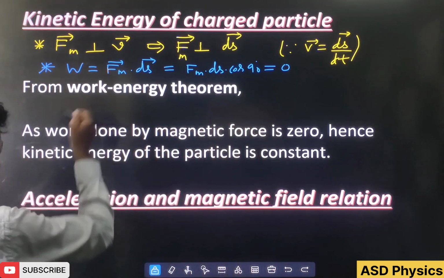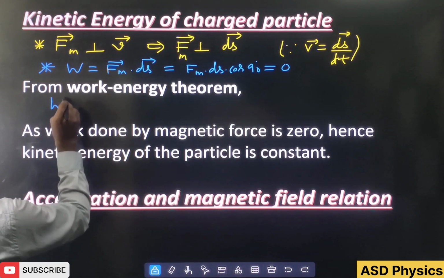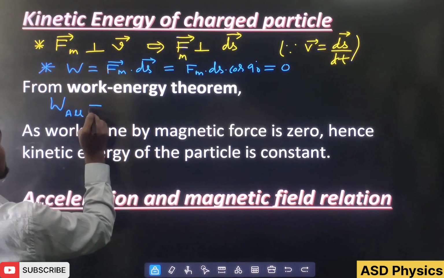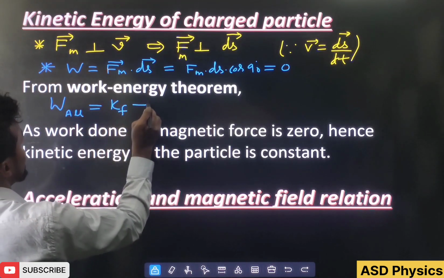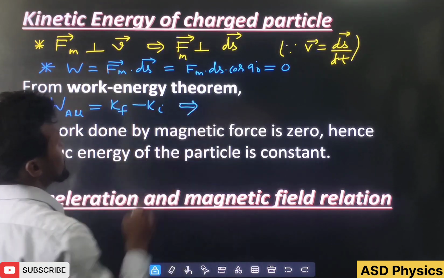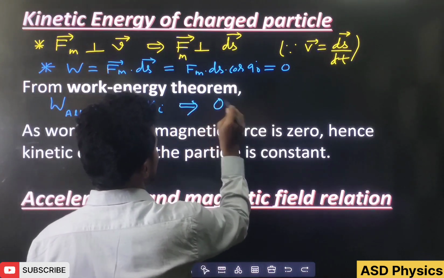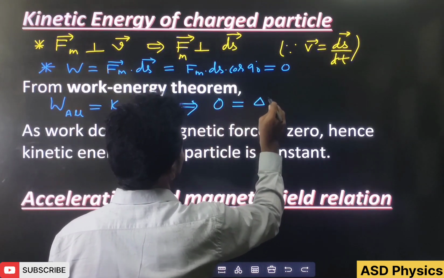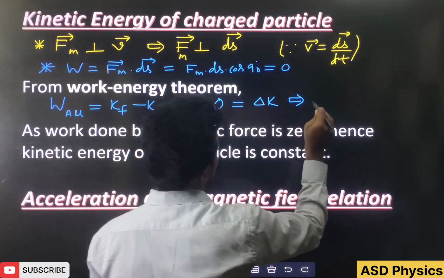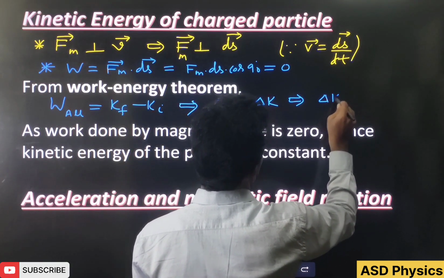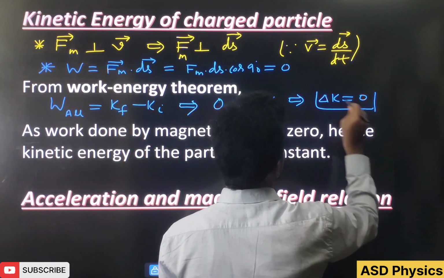Work done by magnetic force will be 0. Okay. So from the work energy theorem we can write that work done by all the forces is equal to change in kinetic energy, Kf minus Ki. So what is the work done? Work done is 0. So 0 equals Kf minus Ki, which we can write as delta K. So delta K equals how much? 0.